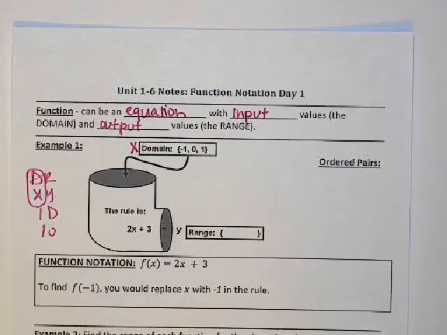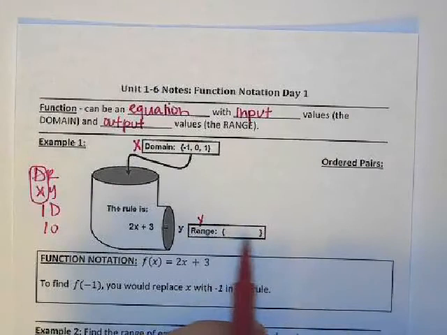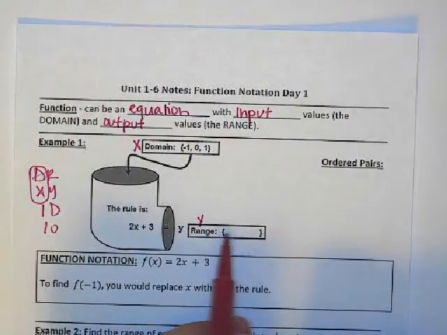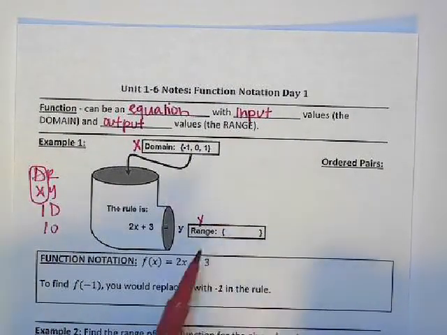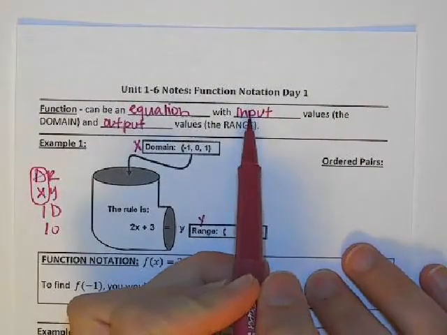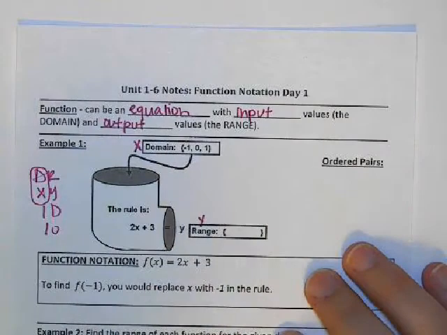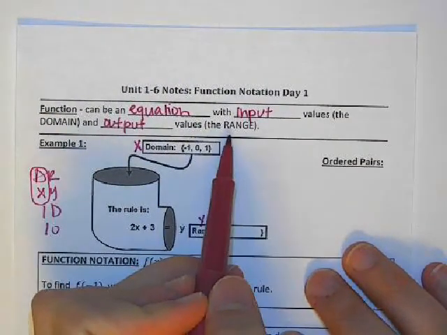The range. Do y'all see how the range right here is blank? We don't know the range yet, right? So it gives us our domains and it wants us to find our range, our y's. It says our input, so what we're going to put in is our x's. And our output, what comes out, are going to be our y's.